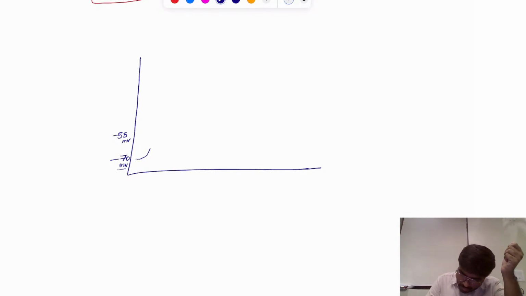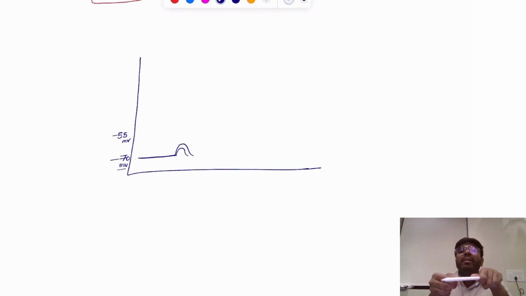Initially it's always at minus 70. You give a little stimulation, it goes up and comes back. You give a little more stimulation, it goes up and comes back. These are failed initiations. But when a powerful stimulation comes to a neuron, it goes from minus 70 to minus 55.